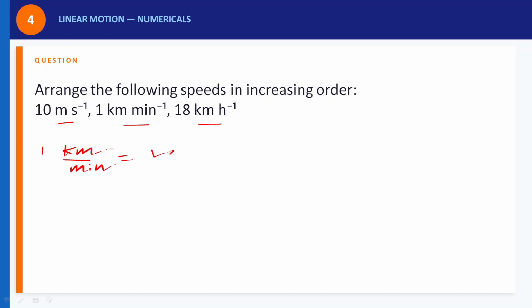1 kilometer per minute equal to 1 into 1000 meters divided by 60 seconds. Zeros get cancelled. That implies 100 by 6 meter per second.